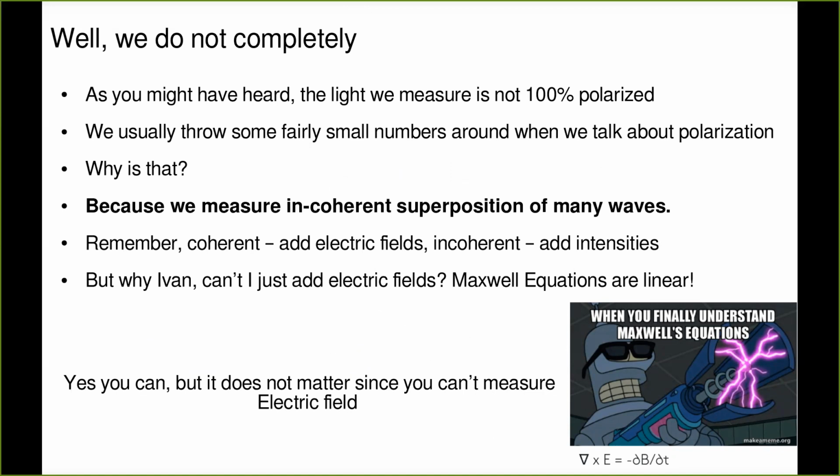that the light that we measure is not 100% polarized. It's actually very weakly polarized. Do you know, like, typical polarization degrees in the sun? Come on, you know something. In the optical domain, like in the sunspots, what is the degree of polarization? 5% maybe.